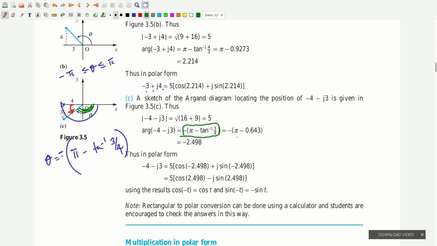So it's the argument, and then they find it as that, and in polar form you can write it as r cos theta plus j sine theta.